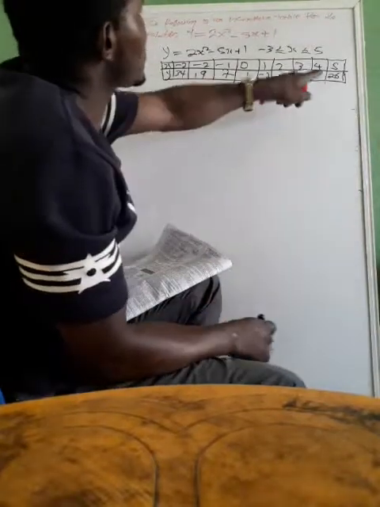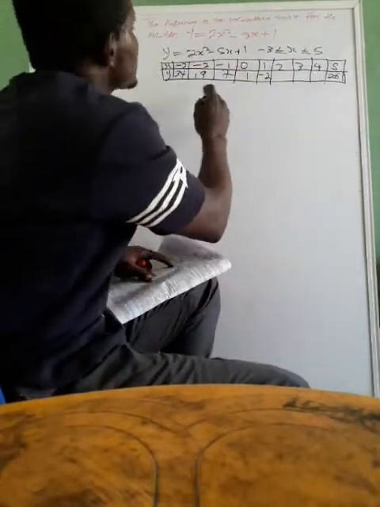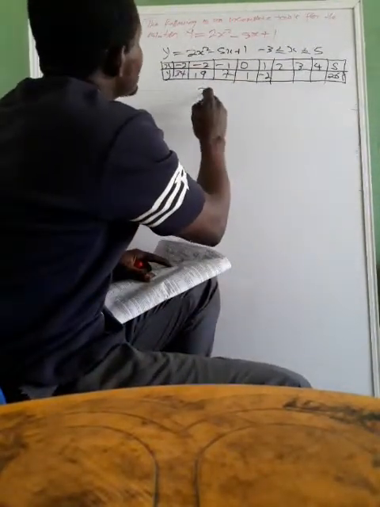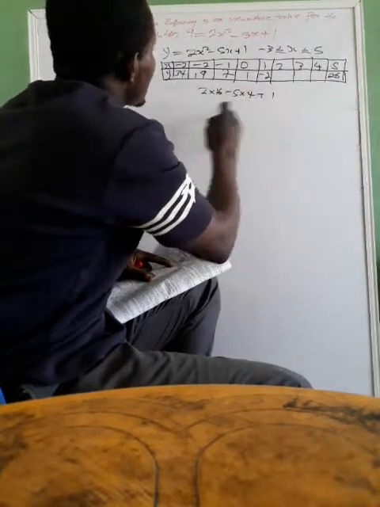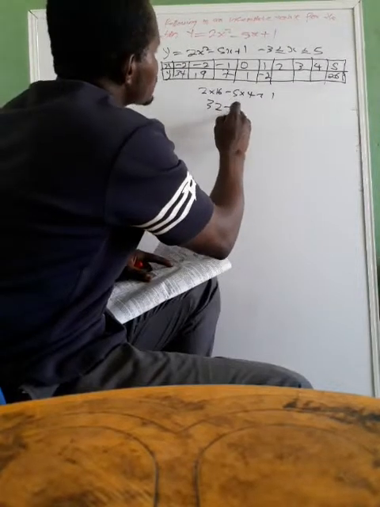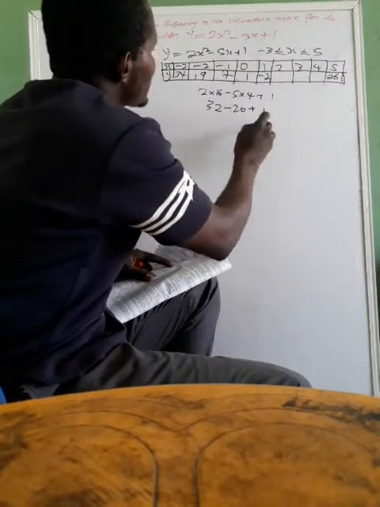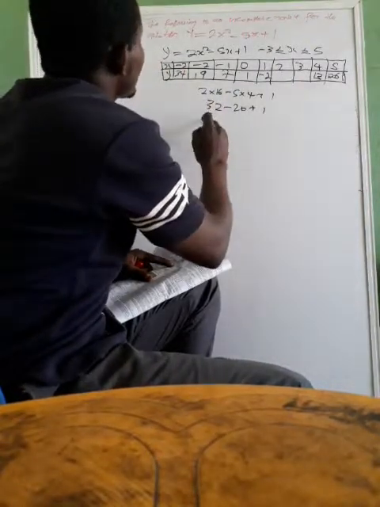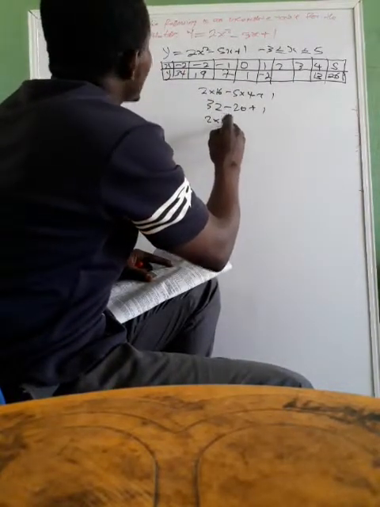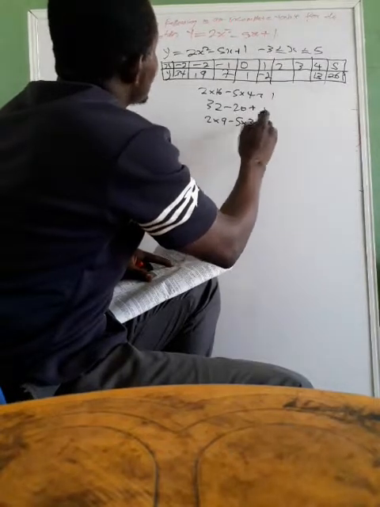And when x is 4, let me just complete it. We have 2 times 16 minus 5 times 4 plus 1. So 32 minus 20 plus 1, that is 13. When x is 3, we have 2 times 9 minus 5 times 3 plus 1.